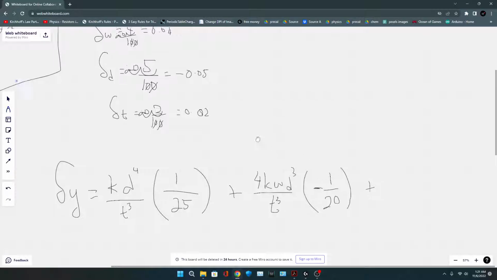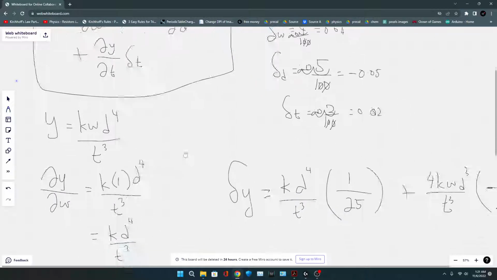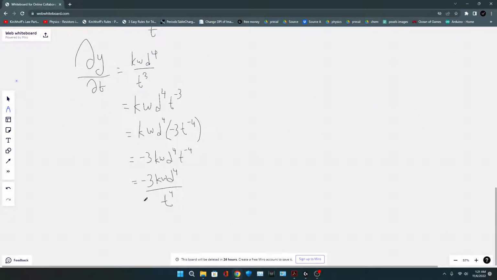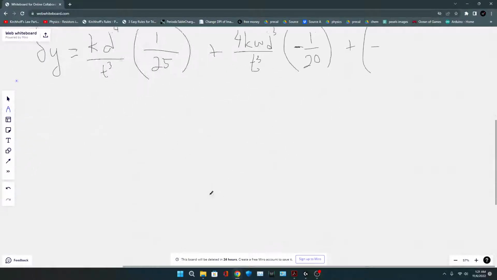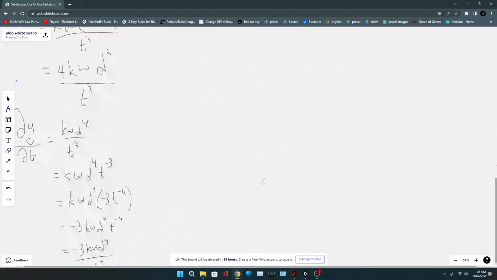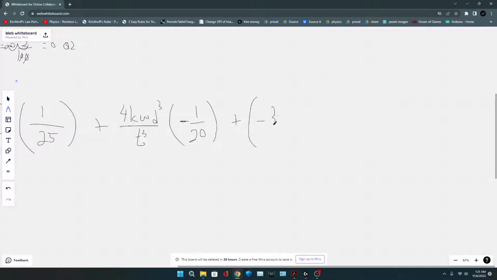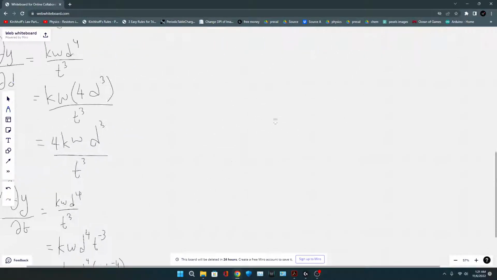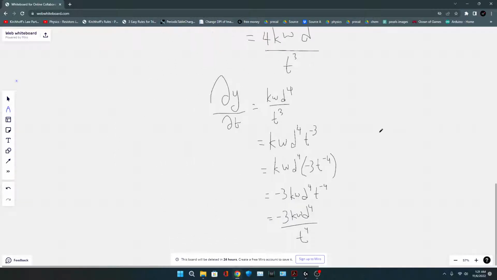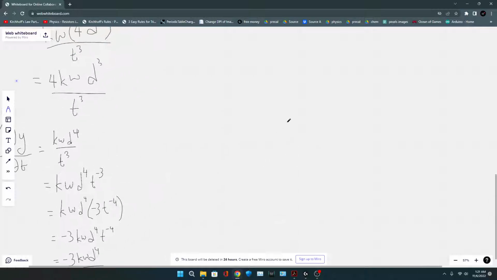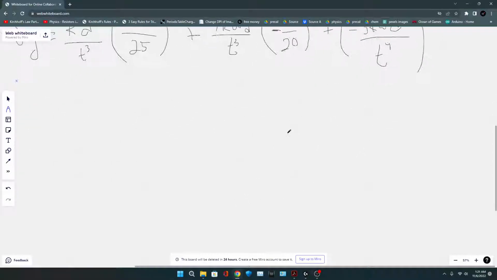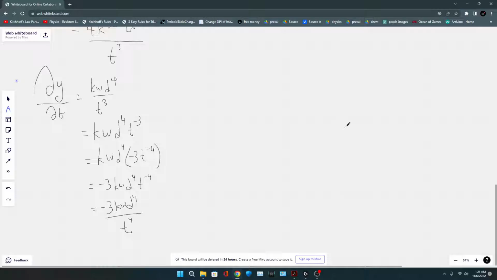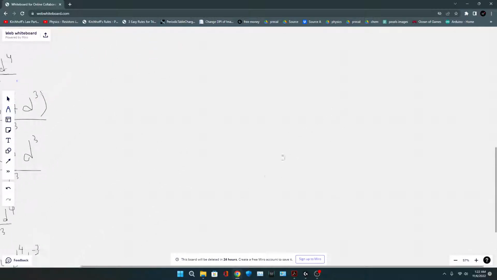Then plus the next one, delta Y over delta T. Copy it back: negative 3 KWD to the power 4 divided by T to the power 4.